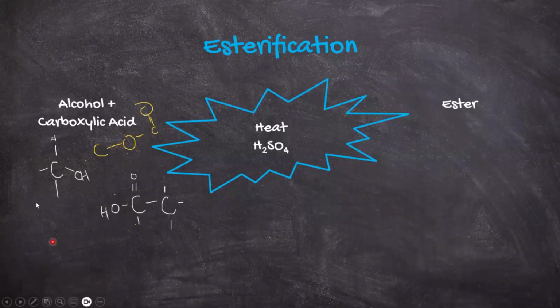You can also have sulfur bridges. For example, the organic molecule that makes up your hair has sulfur bridges, but don't worry about it. It's just for your interest.